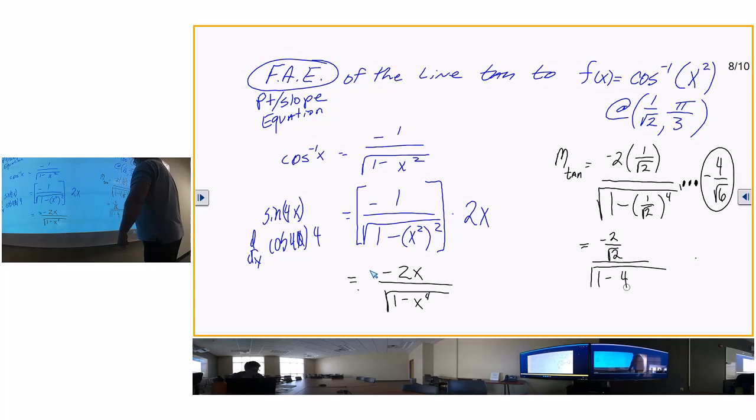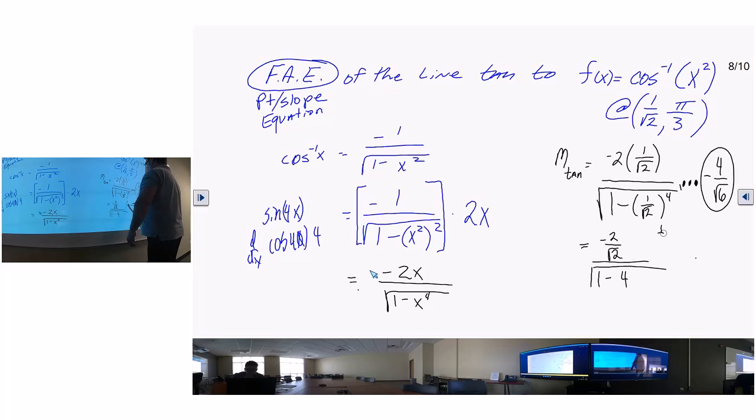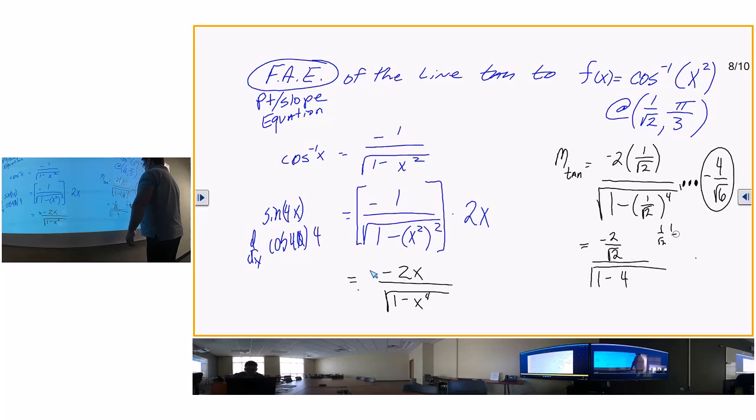Let's see, 1 over the square root of 2 times 1 over the square root of 2 is what? 1 over 2, right?